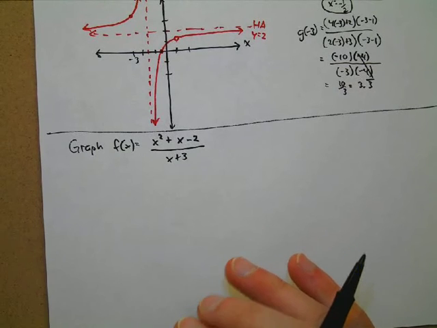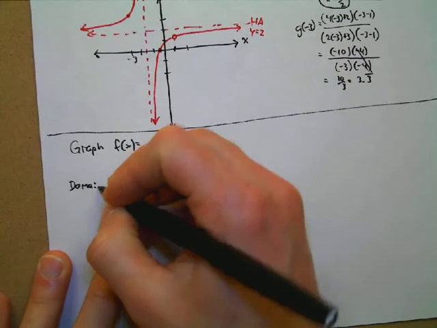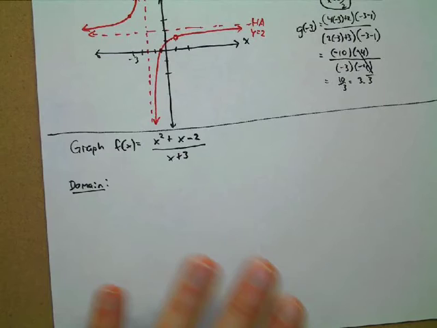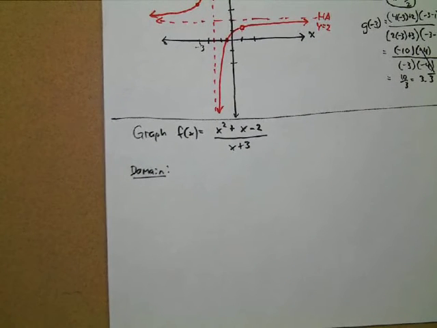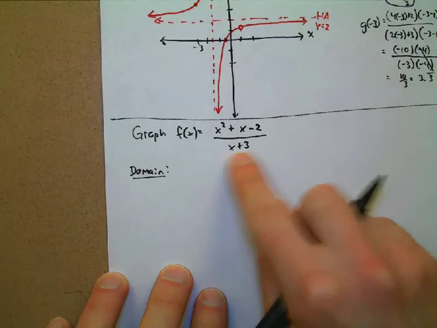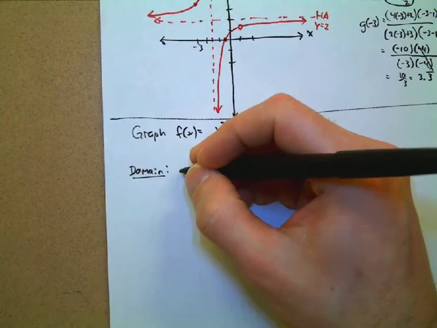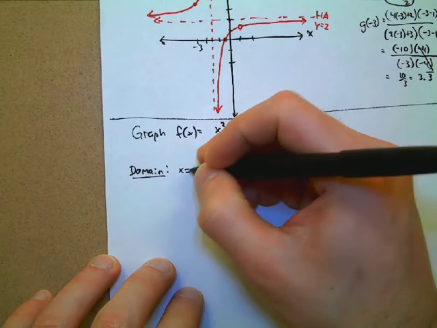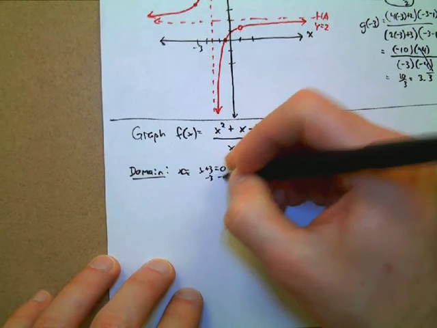All right, so let's look at our domain first. What x value is going to give us problems here? -3. You guys see that, right? -3 in my denominator is going to give me 0. If you want to check to make sure, just set your denominator equal to 0. x plus 3 equals 0, so subtract 3 from both sides. x equals -3.